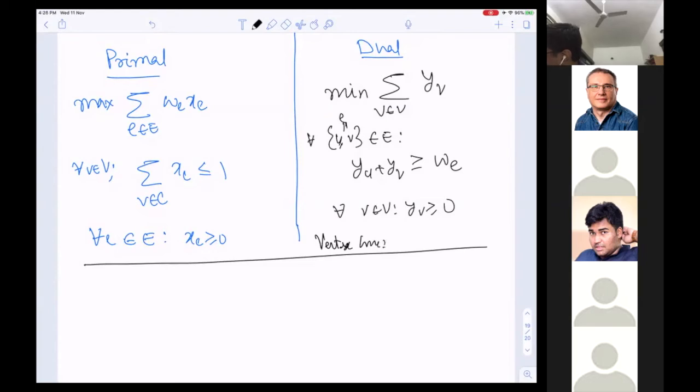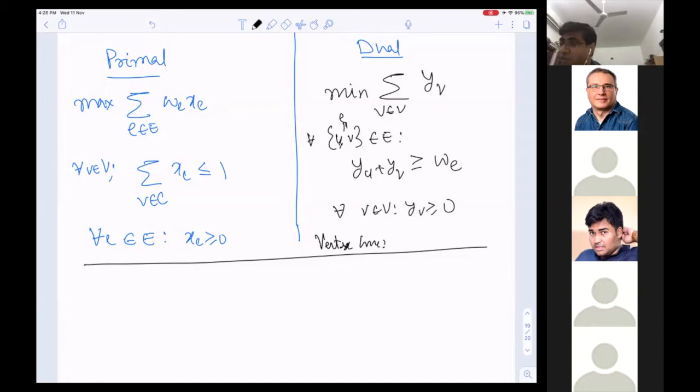So for every vertex, I have a variable, and I want to minimize the weight. I want to minimize this such that for every edge uv, yu plus yv is at least we.